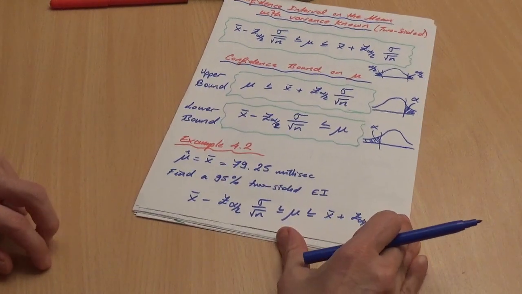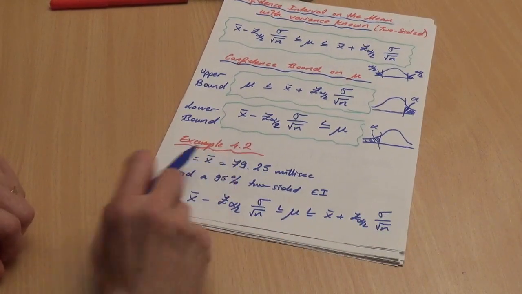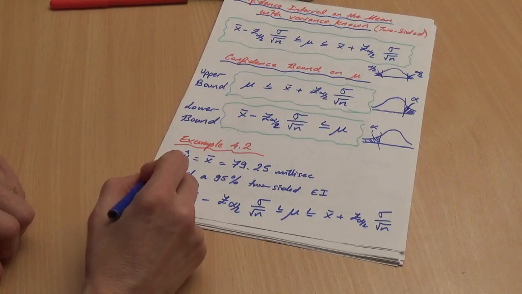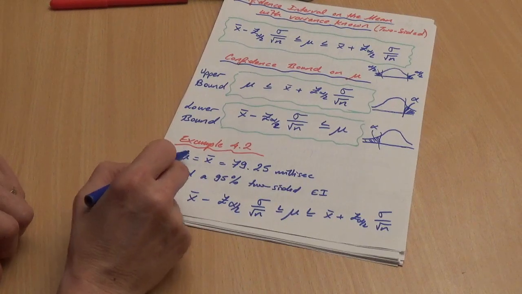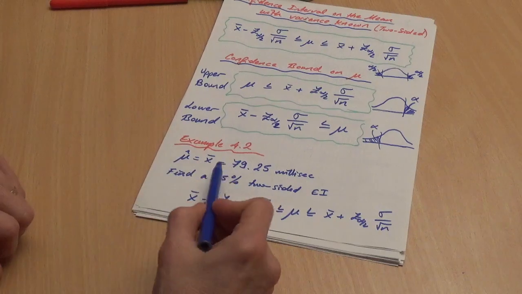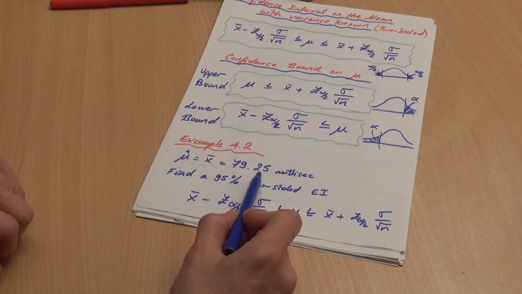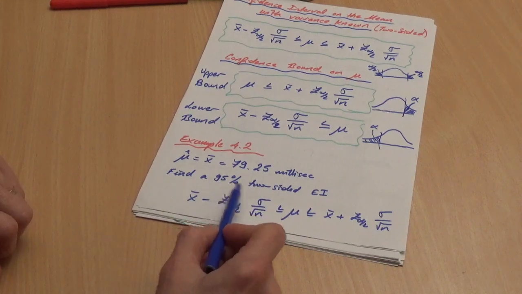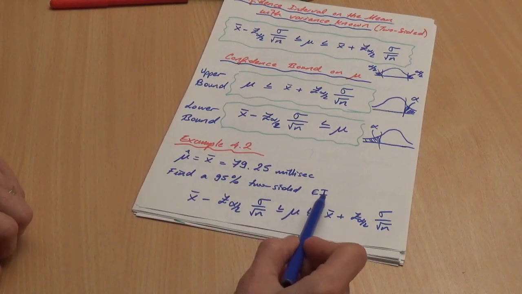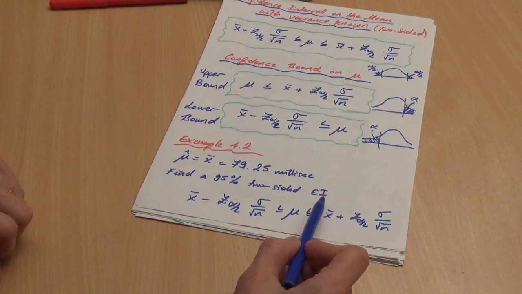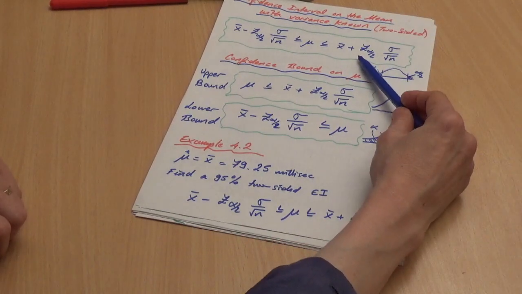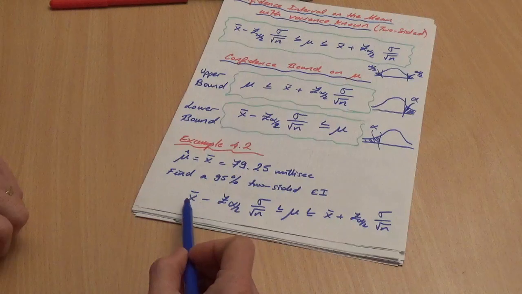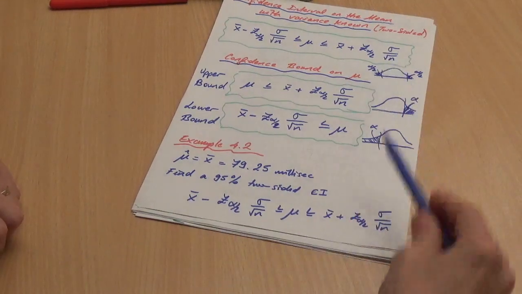Let's look at example 4.2. It says the expected value of mu is equal to x bar, and that's 79.25 milliseconds. Find the 95% two-sided confidence interval. When it is two-sided, we will use this formula, and we wrote the same formula here.